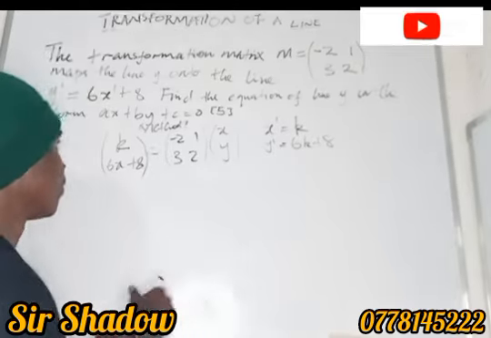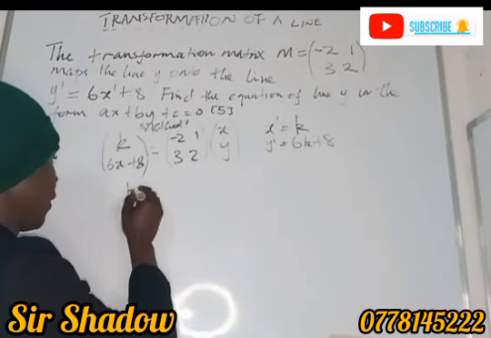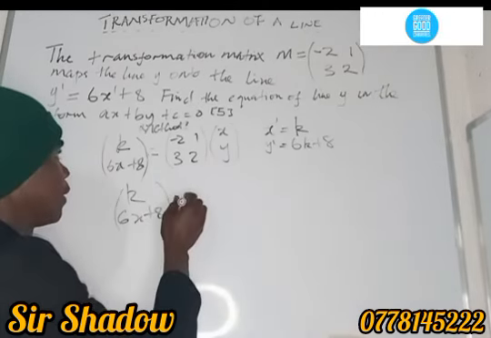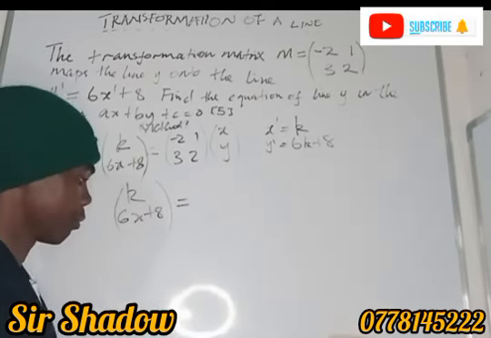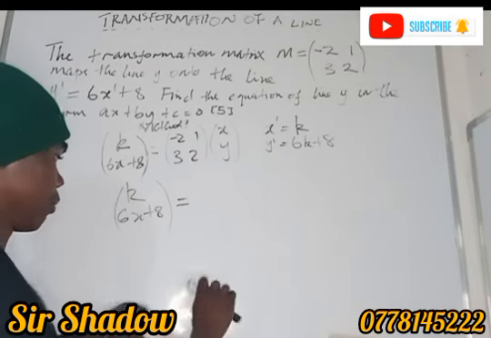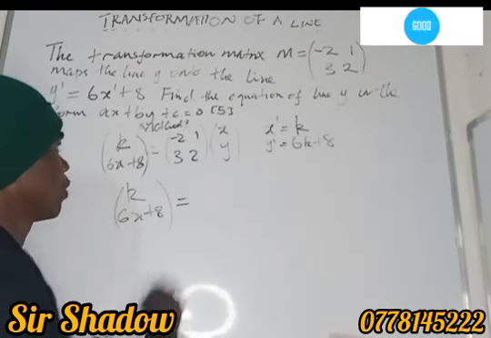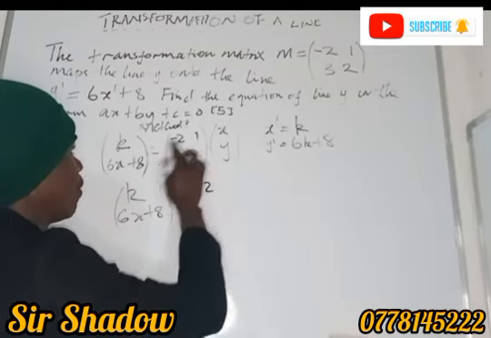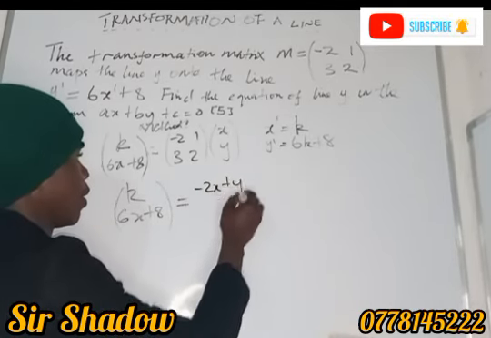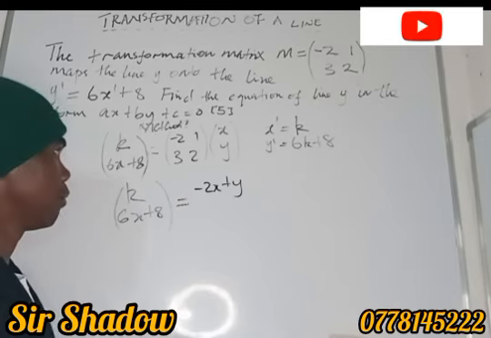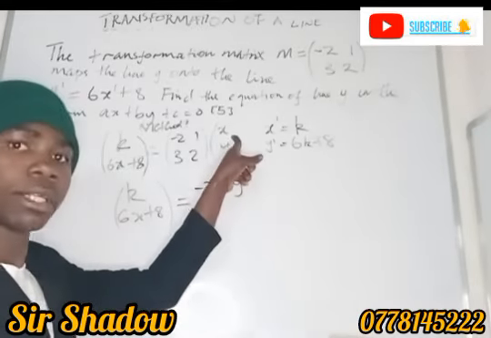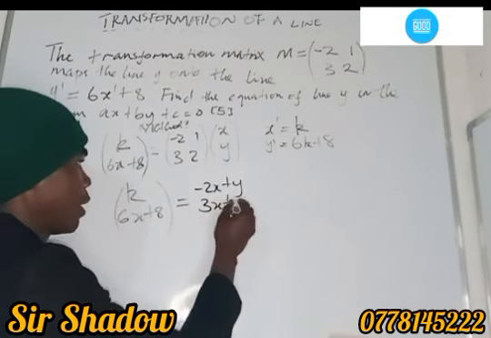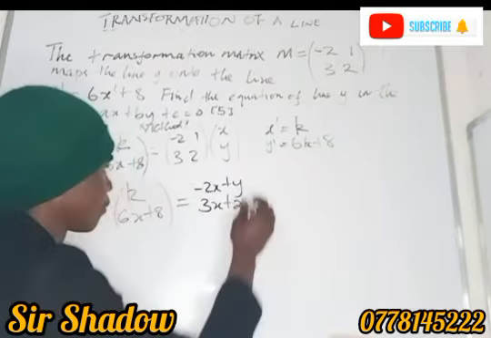Multiplying the two, here we have k, 6k plus 8 is equals to minus 2x plus y, then 3x plus 2y.